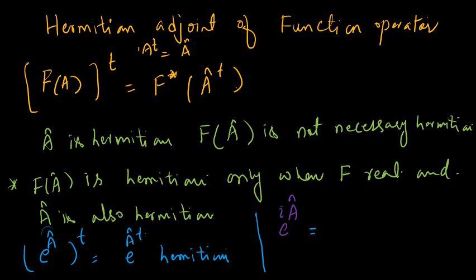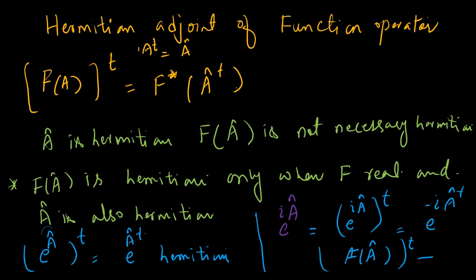Let's suppose we take e power iota A transpose, then it will be equal to e power minus iota A transpose. So here f of A transpose is not equal to f of A. It means that it is not Hermitian.